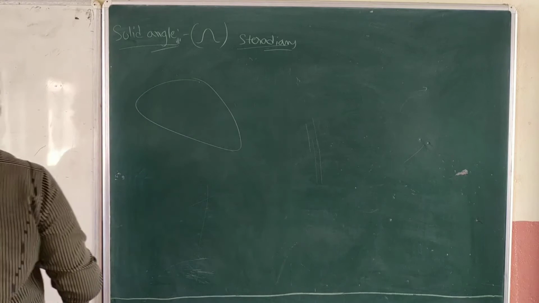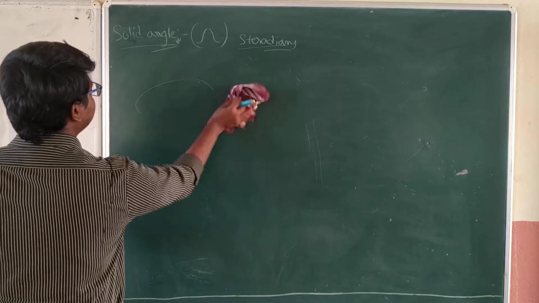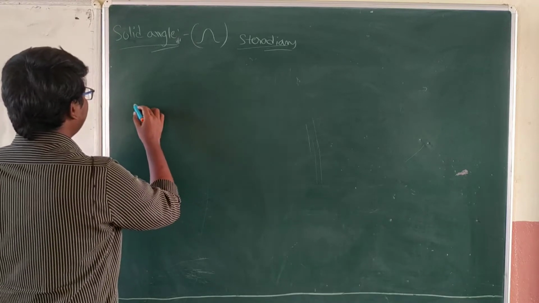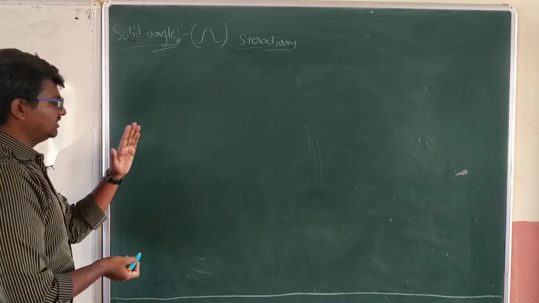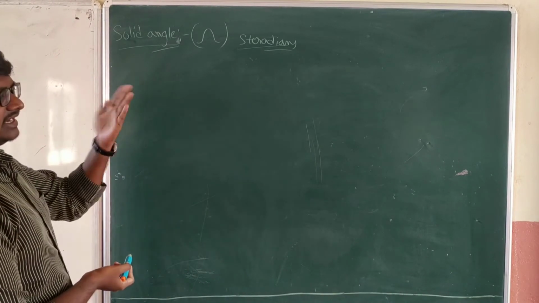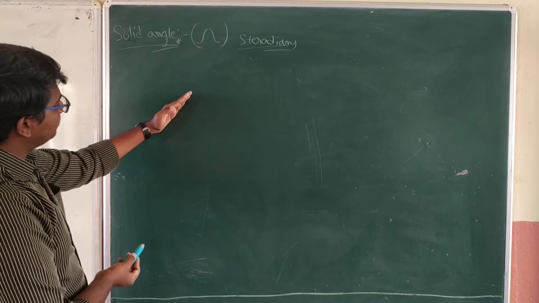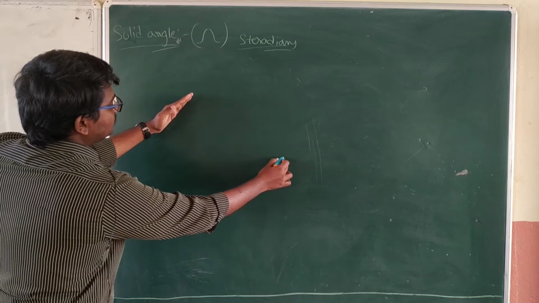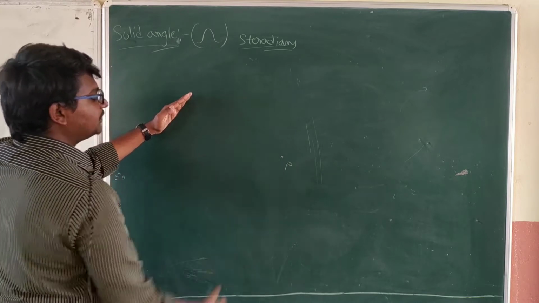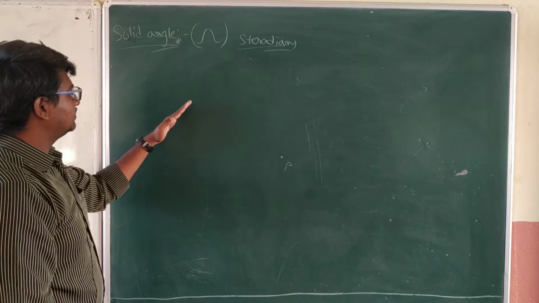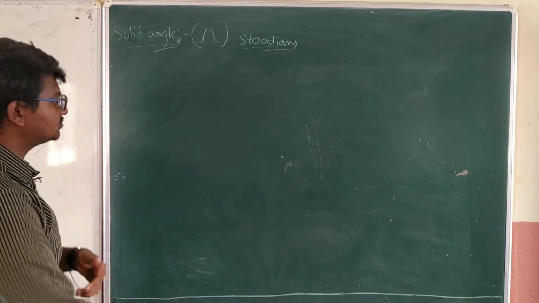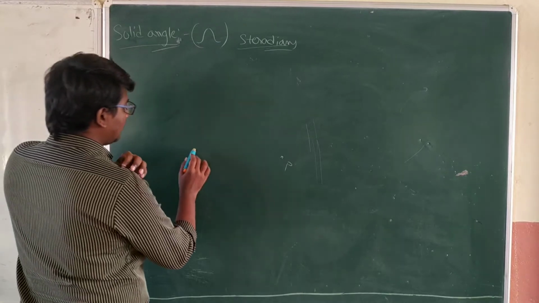Let's consider any arbitrary surface, or else you take this hand itself as a surface. From here to this point P, at this point P, my hand, what is the solid angle it is making? Such a question is there. Then how can we find it?